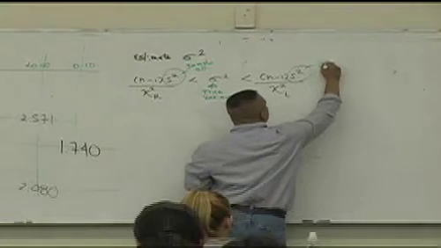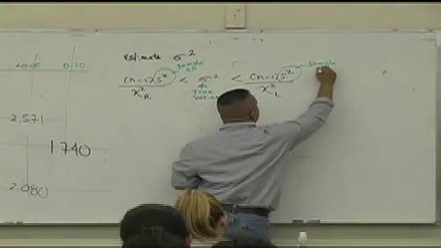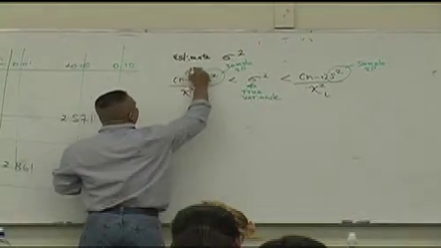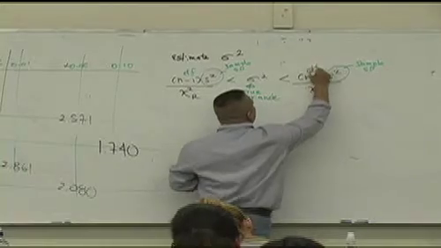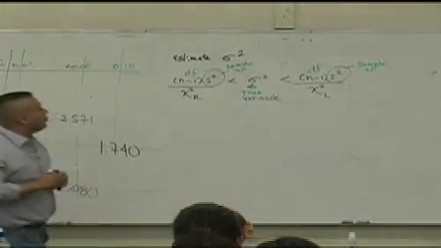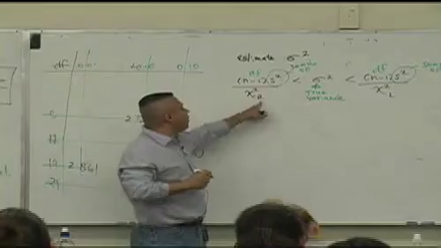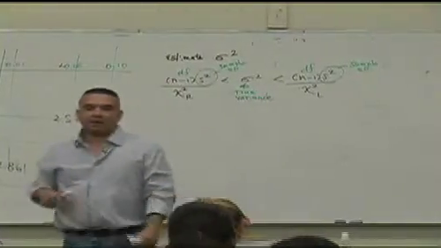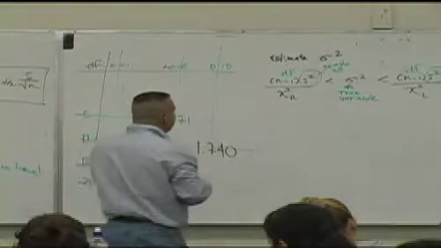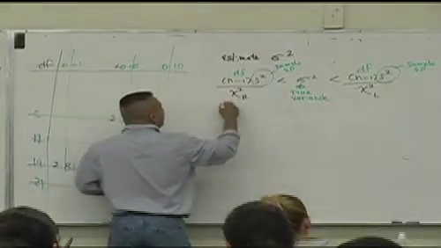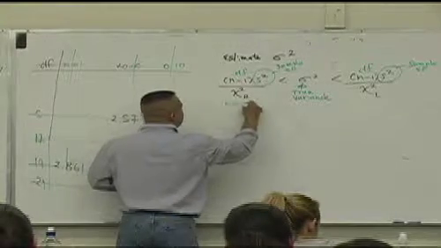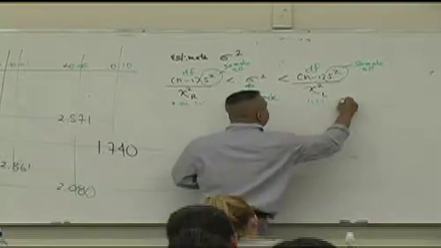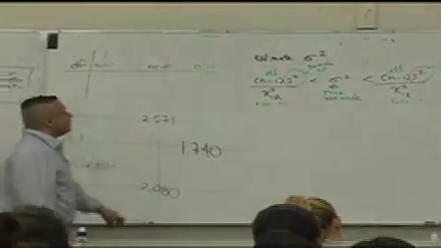And then you've got n minus 1 and n minus 1. This is really your degree of freedom value. So what you really have new here are these chi-square R and chi-square L values. This is known as a right critical value, and this is a left critical value. These are chi-square values.